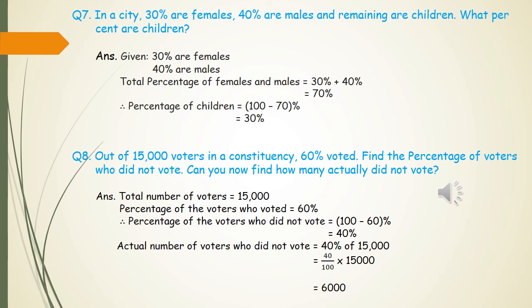Who voted, the percentage of those persons is 60%. So the percentage of voters who did not vote is 100 minus 60%, that is 40%. Now we have to find out the actual number of people who did not vote. That will be 40% of 15,000, 40 by 100 into 15,000, that is 6,000.